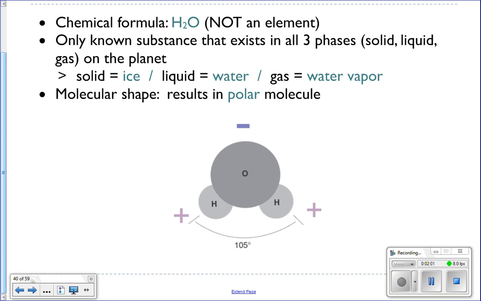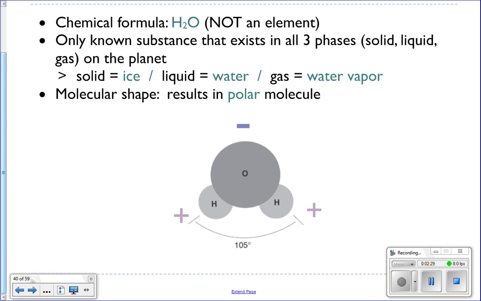Water has oxygen in it, and oxygen has a higher electronegativity than the hydrogens. Because of this, the electrons from the hydrogen tend to spend more of their time around the oxygen atom, because the oxygen atom is more electronegative.